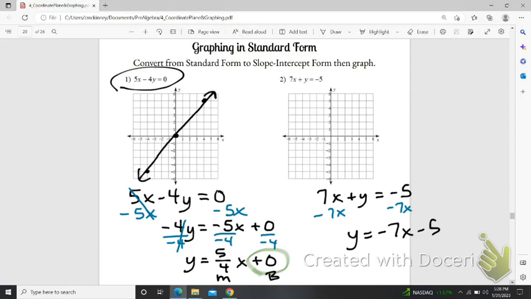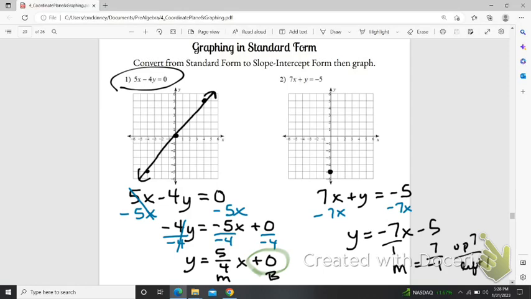I can start at -5, that's my b, begin at -5, and then my slope is -7. So what I really want to do is go down 7 and over to the right 1. But I do not have room to do that. So I'm going to change the place for my negative, because it still means -7. And I'm going to go up 7 and then left 1.